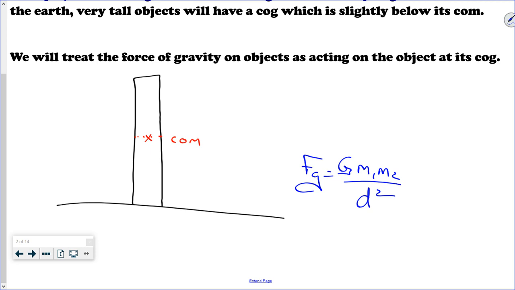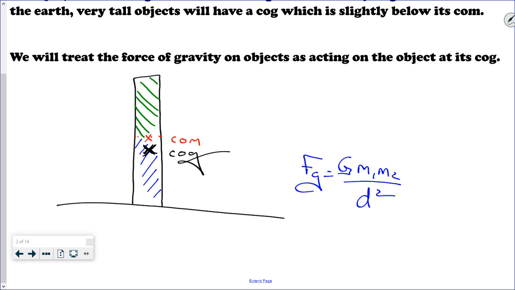So the idea is this tower is so big that if you treat the two halves as having equal mass, this bottom half is closer to the center of the Earth than the top half. And so even though they have the same mass, the bottom half technically weighs more. That means the average position of weight is a little bit lower, because the bottom half weighs more even though it has the same mass.